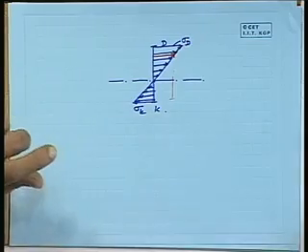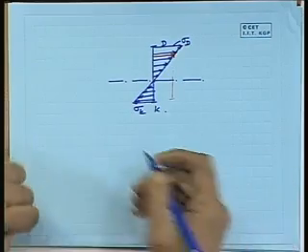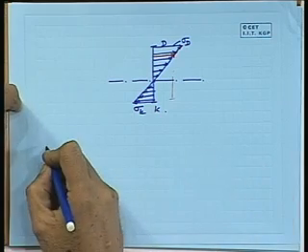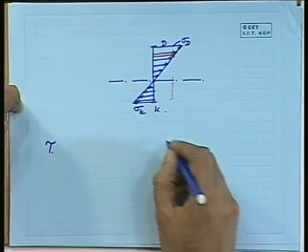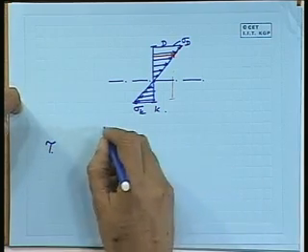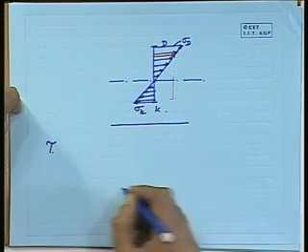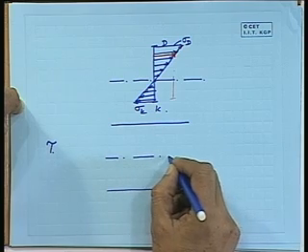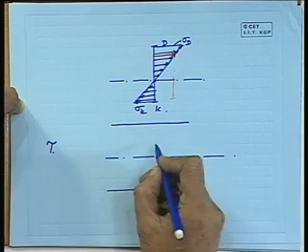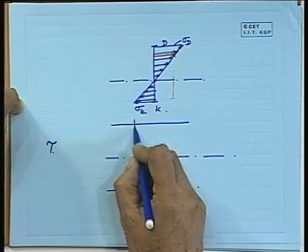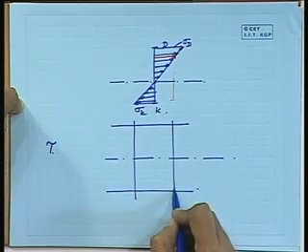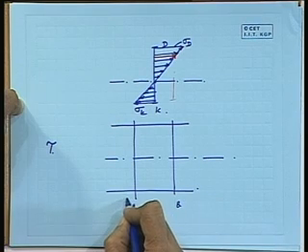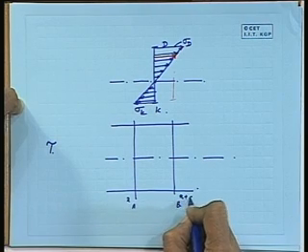Okay. Now coming to the transverse stress, the shear stress. For the shear stress, let us try to draw a block and see how this will behave. Let us take a section here and another section here, A and B. A is at x, B is at x plus dx.